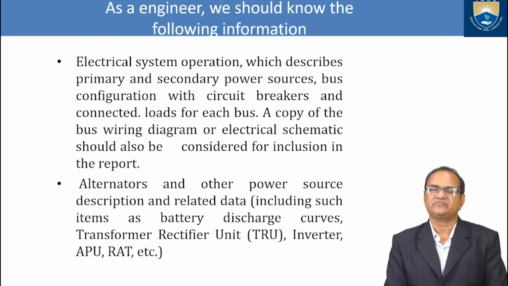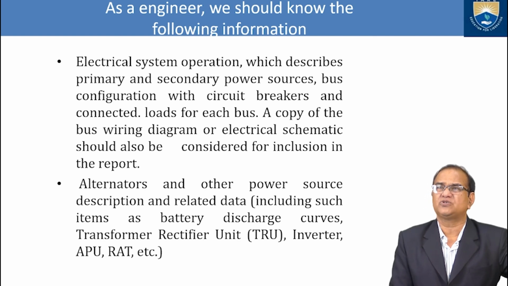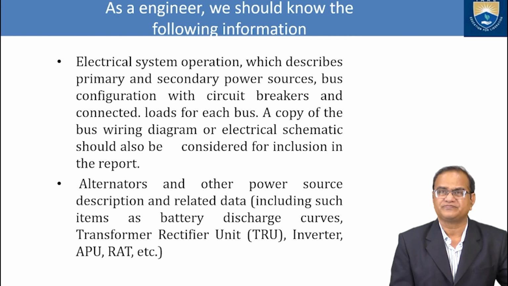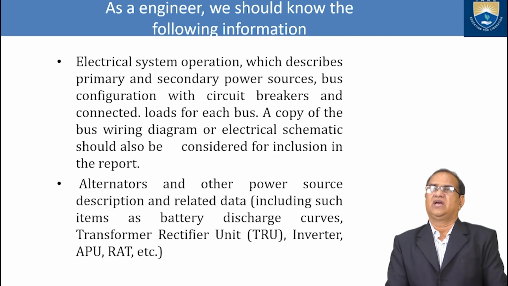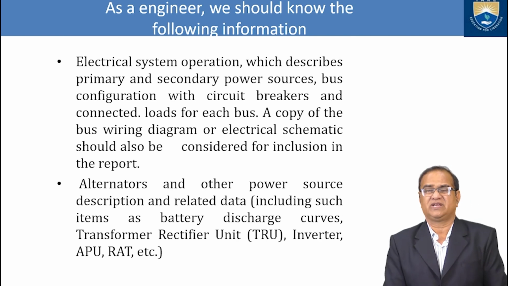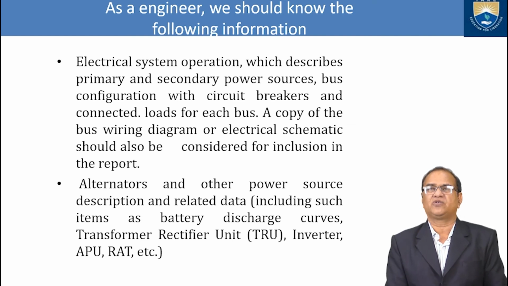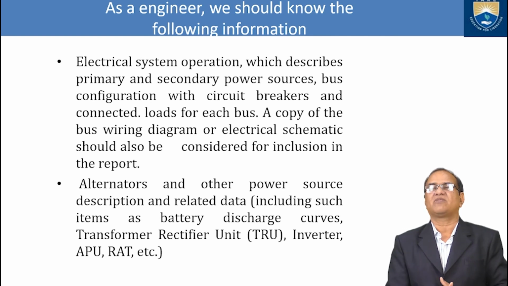Now, as an engineer, we should know the following information. We are all engineers working on the aircraft. We should be competent enough to understand what information is required for this system.